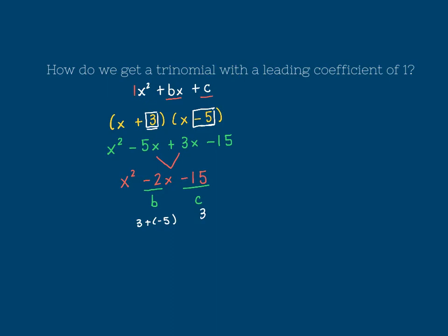So 3 times negative 5 is negative 15. So this is what's always going to happen in trinomials with a leading coefficient of 1. Whatever these numbers are along with our x's, we can add them to get b, and we can multiply them to get c.